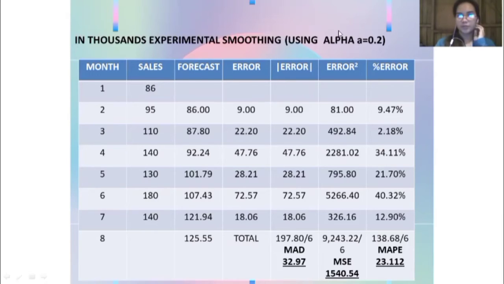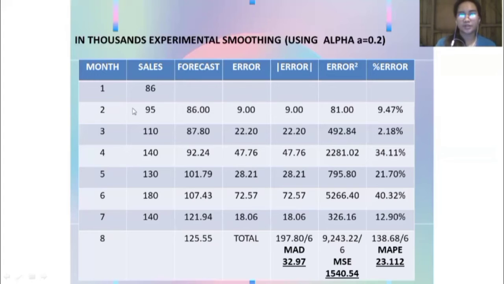So here, we will be using 0.2 times 86 plus 0.8 times 86, so we can get here 86, and same formula.